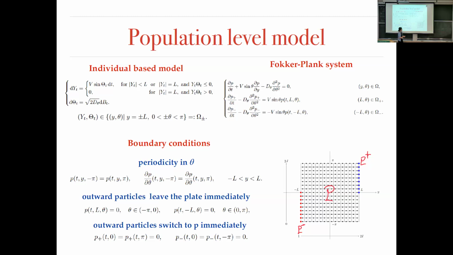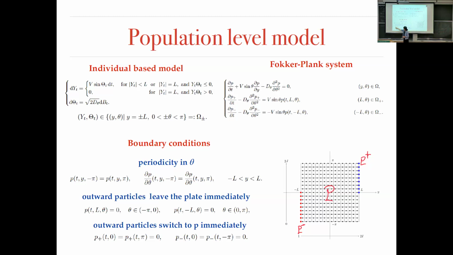For example, for the particle on the upper bound, when it changes from n plus to n, because each time it only changes movement direction a little bit, all of those particles leave the plate. As soon as they change to a movement direction outward, they would immediately leave the boundary.